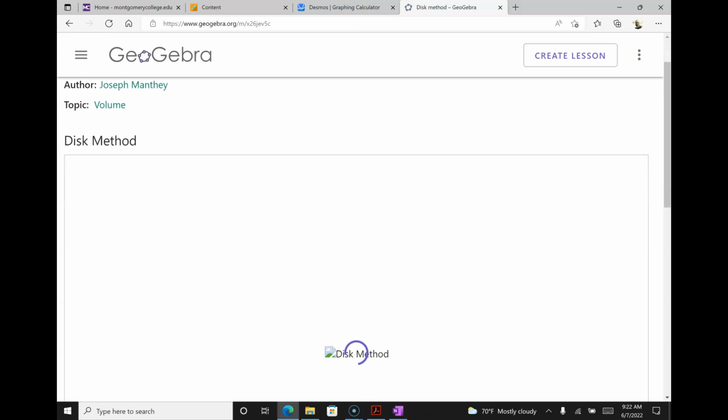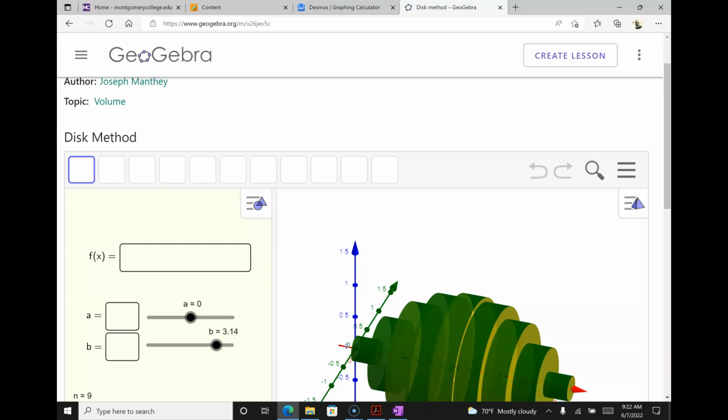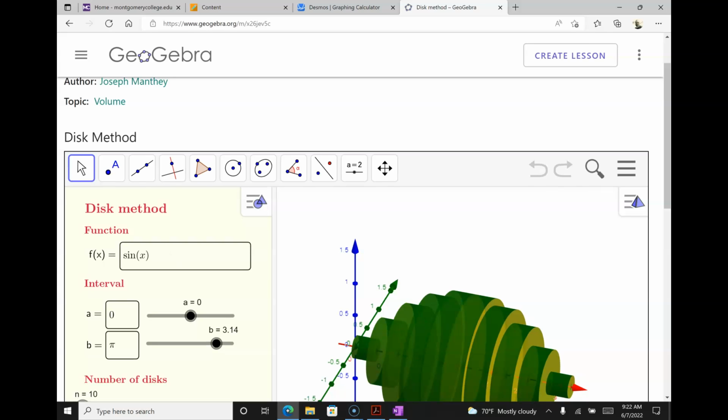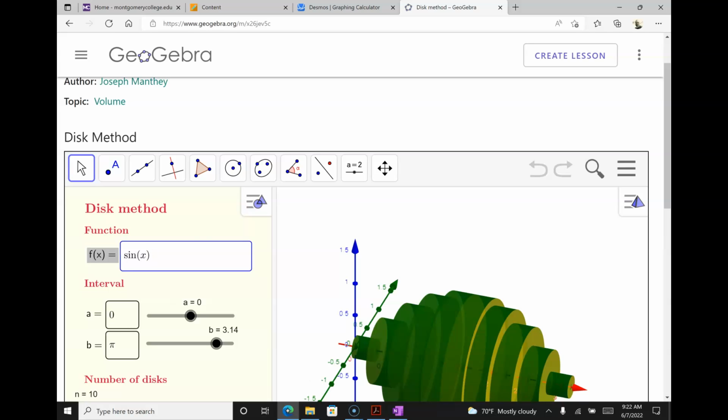I couldn't remember if I could change my function or not. Oh yeah, yep. Nice.